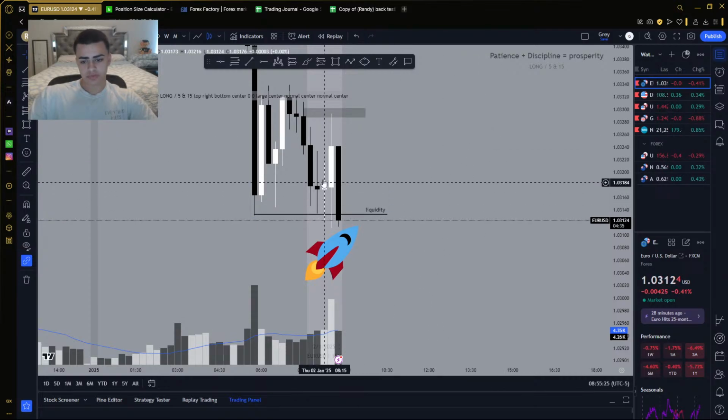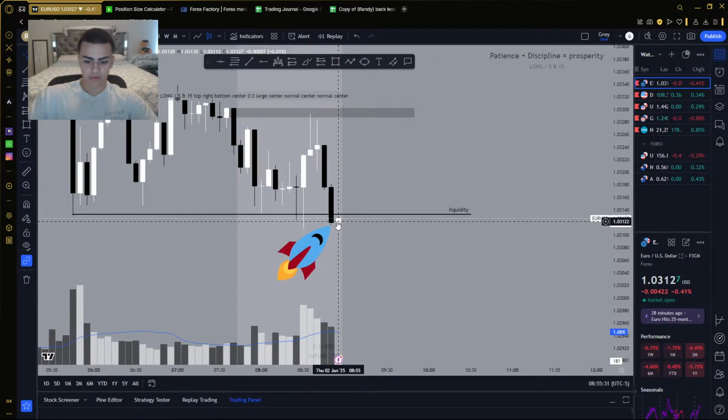This has potential, because the 15 minute could still close up here. If this candle really has a lot of volume, it could go up.